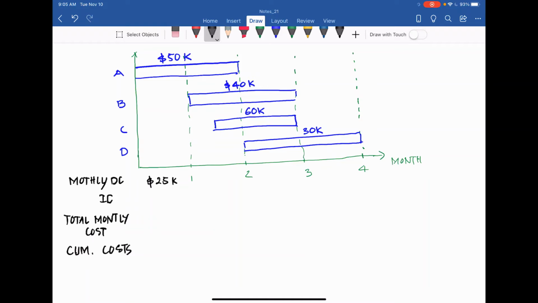So 25 plus 20 plus 20 is 65,000. Similarly, for month 3, we have 20,000 for B, 40,000 for C, and 15,000 for D, which is 75,000. And the last month is 15,000, the second half of activity D only, with no other overlap.